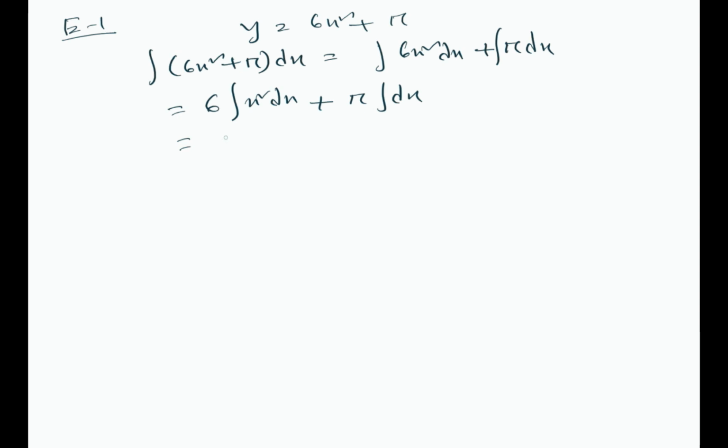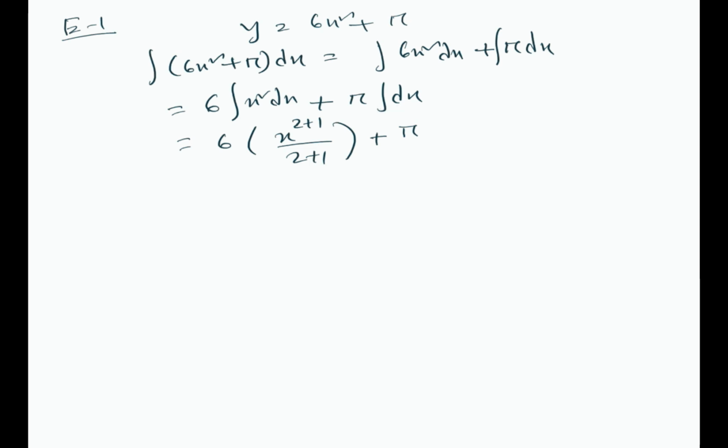So we can write it again, 6. We can put a bracket to separate it from the integration. So for x square, we have a power 2, so we write 2 plus 1 divided by 2 plus 1. Then we write this pi, and we are integrating pi here, right?